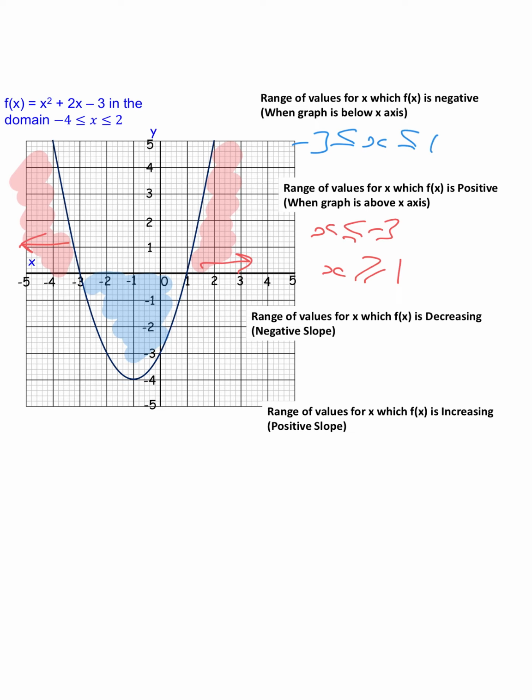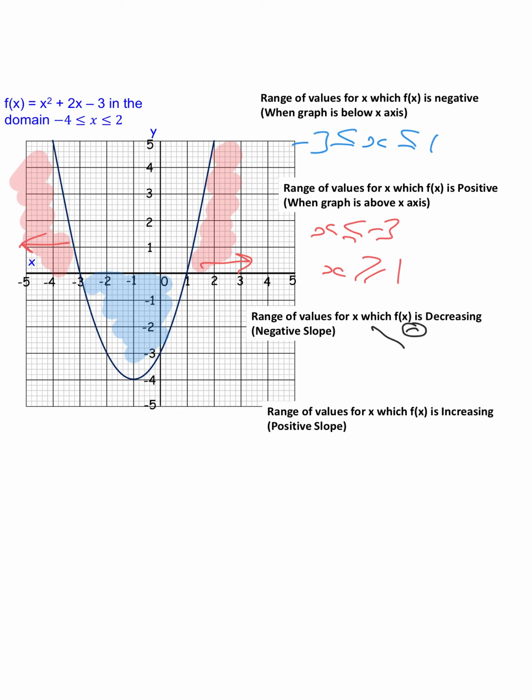The next bit then, the range of values of x for which f of x is decreasing. So this is when it has a negative slope. Remember, a negative slope will go in this direction. I can see this has a negative slope from my first point here, -4, all the way down to the tip here of -1.